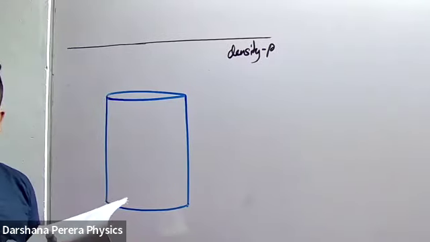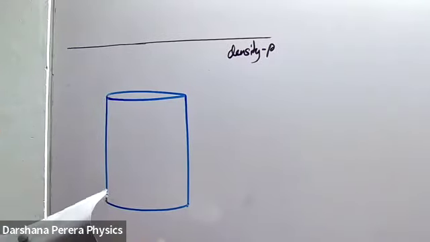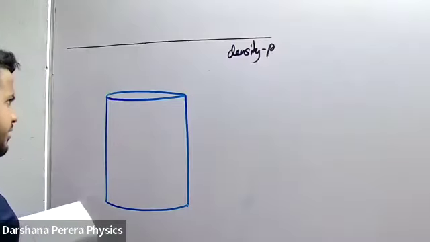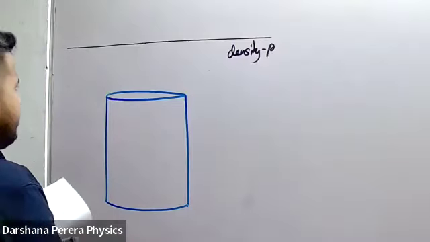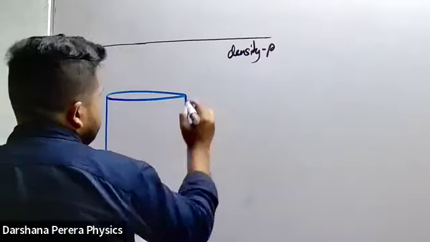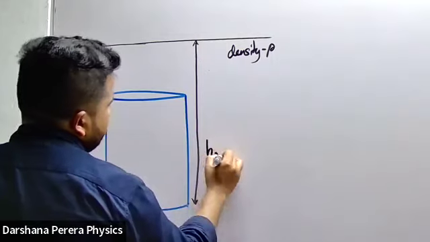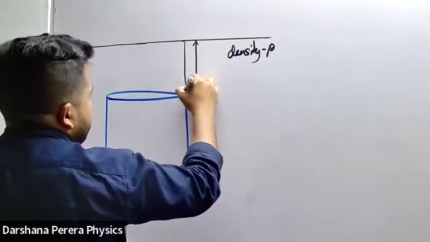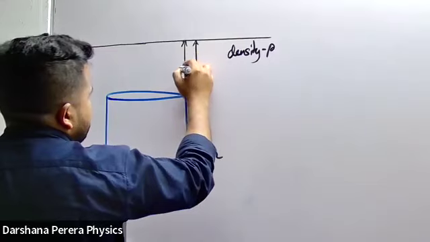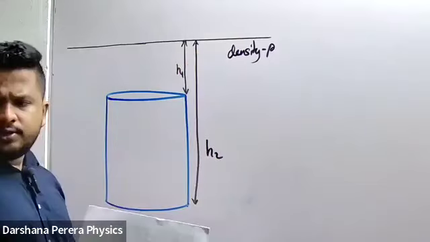I take this object, which is completely submerged in the liquid. This one is the height h2, and this height is h1, right?